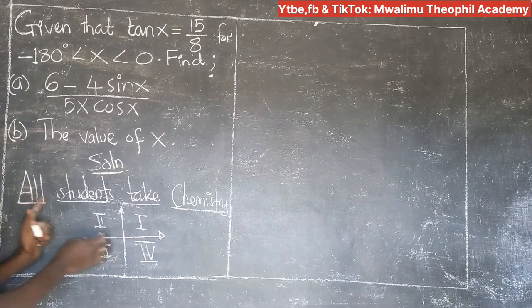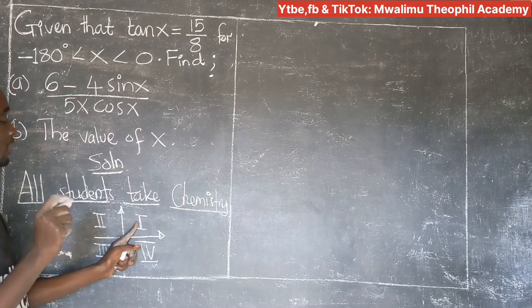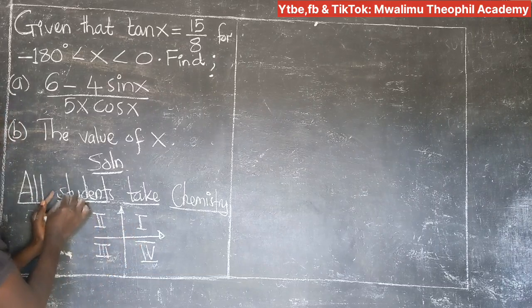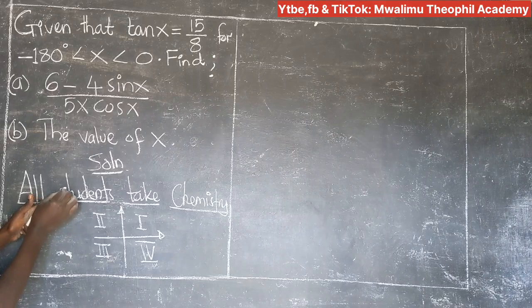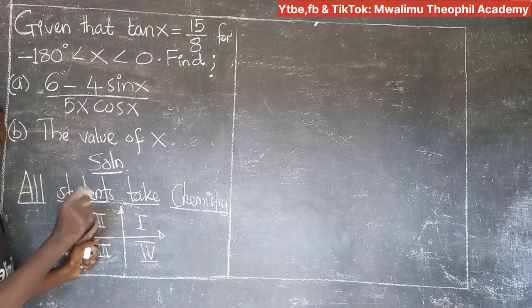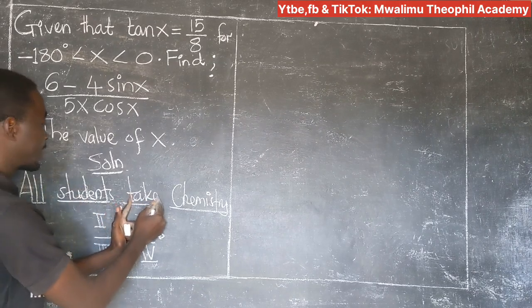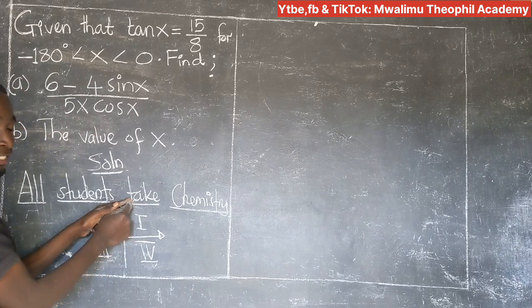All means that in the first quadrant, all trigonometric ratios, tangent, cosine, and sine are positive. Students starts with the S representing sine. It means that in the second quadrant, only sine values are positive, while the remaining trigonometric ratios, tangent and cosine, are negative. Take starts with the T, standing for tangent.